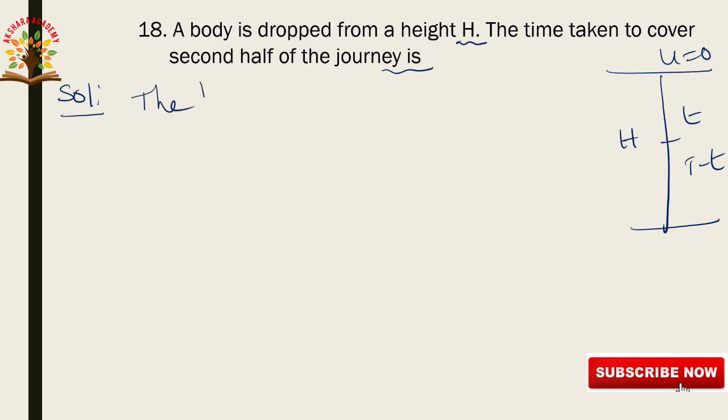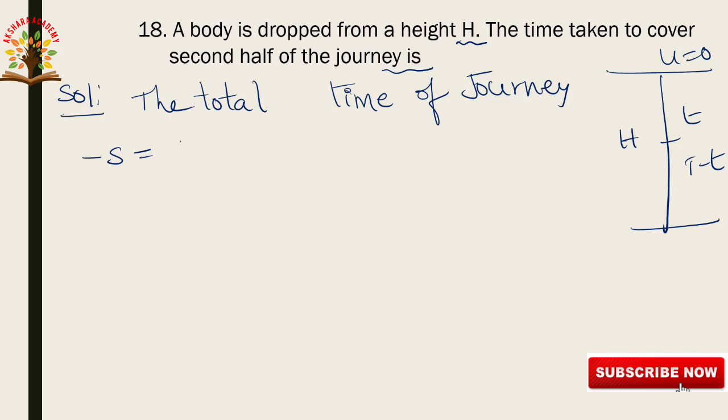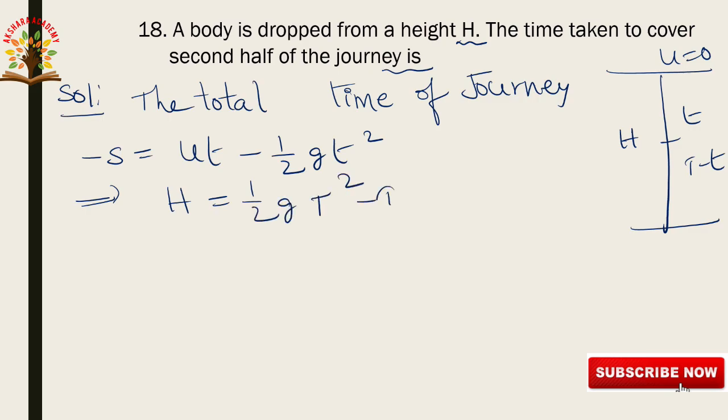The total time of journey: minus s is equal to ut minus half g t square. From this we calculated h is equal to half g T square, where T is the total time. This is equation number 1.